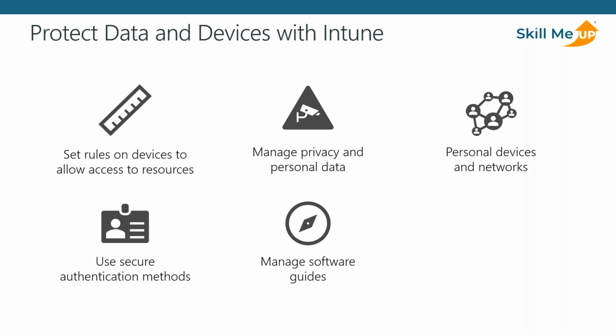The first one is to set rules on devices to allow access to a resource, manage the privacy and personal data, also manage personal device interaction and the networks they come from, define the authentication methods that you wish to utilize, manage any of the software guides that are available, and then, of course, use conditional access as you would.